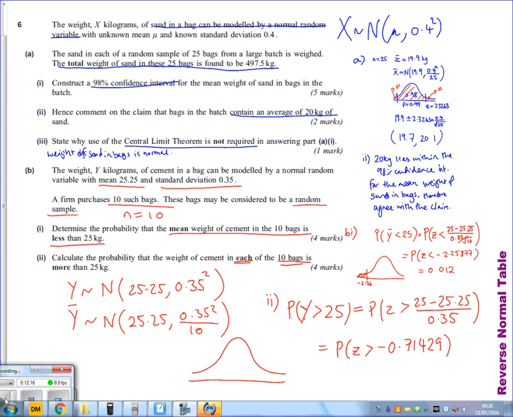I want to use tables, so I want greater than that Z value, minus 0.71, and the diagram always helps. It's going to be the same as less than the positive value. So I want probability Z is less than 0.7142. So then I can use my table or my calculator for that.